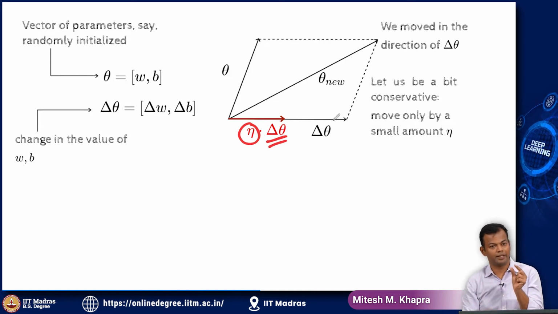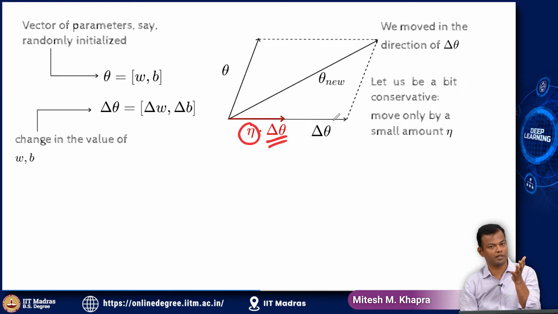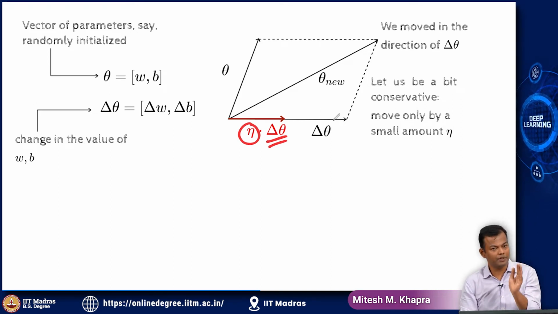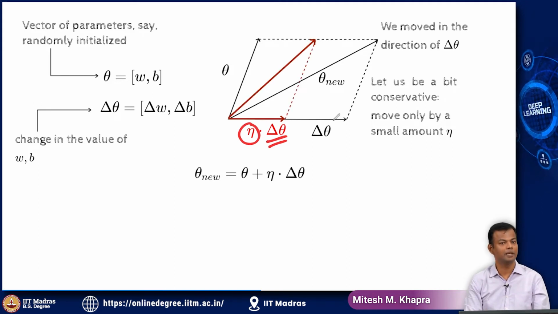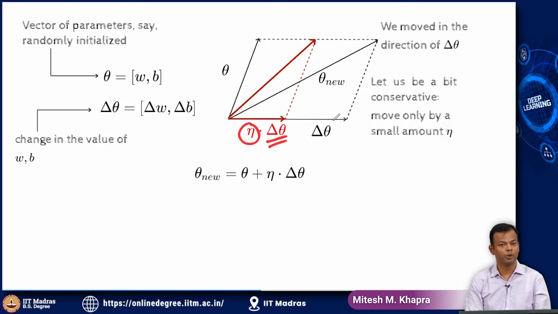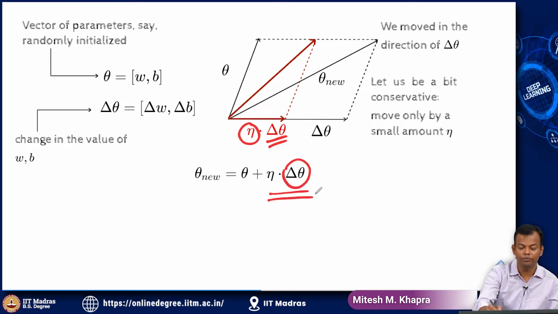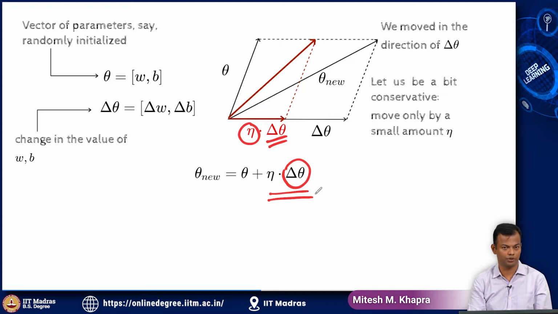I am going to multiply it by a small scalar. Essentially the magnitude of the vector will decrease, but the direction does not change. I'm still going to move in that direction, but I'm just going to be a bit conservative and take a small step, one small step at a time. That gives me my update rule: if you tell me what is delta theta, then I'm going to move by a small value in that direction. That's what my update rule is going to be.